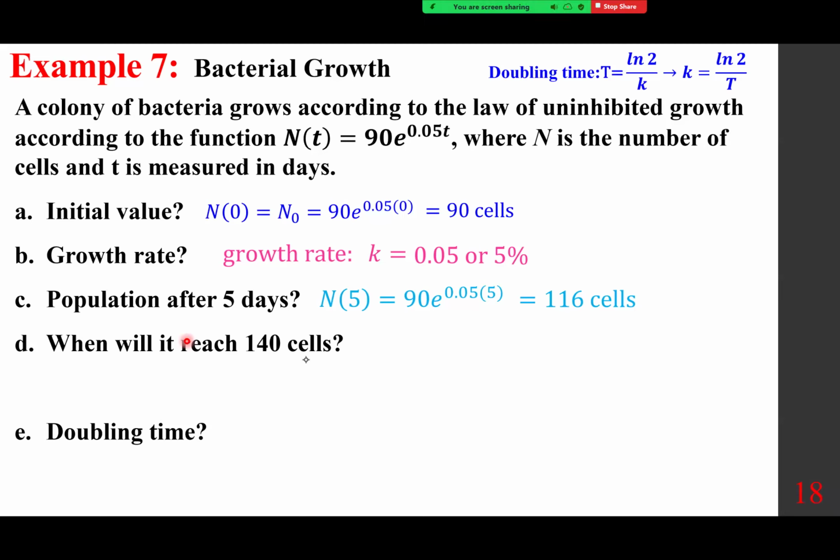When will it reach 140? This 90 e to the power 0.05 t formula equals 140 and solve for t. That's all. So divide by 90, you get 14 over 9. Take a natural log of both sides.